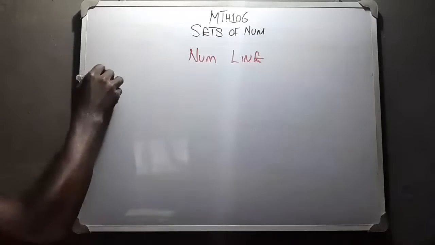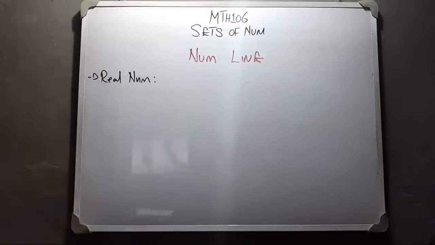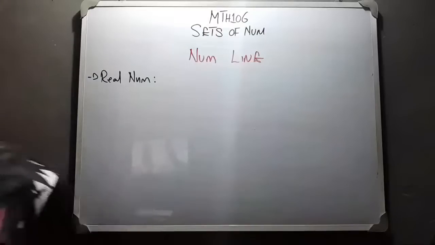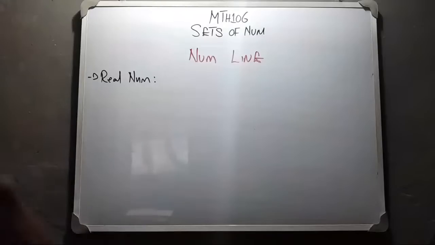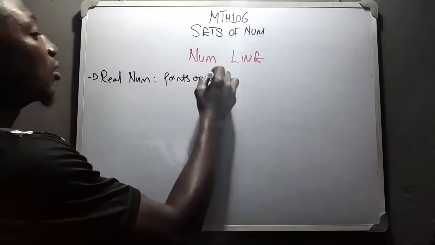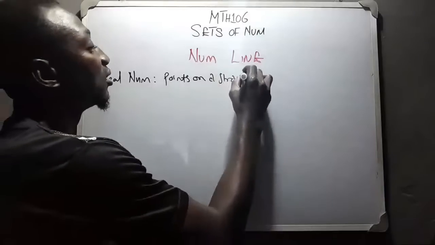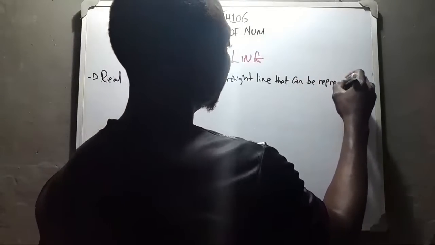An important property of real numbers is that they are points on a straight line that can be represented by them.